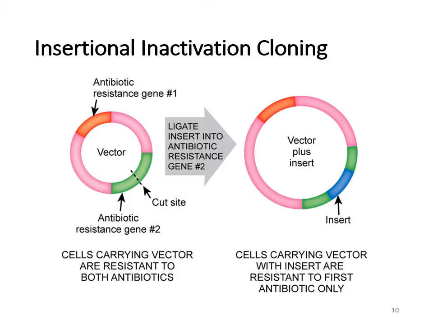Now, in the case of our lab experiment, instead of having two antibiotic resistance genes, the vector has the first part of the beta-galactosidase gene, and the bacterial strain has the second part. So when the regular vector meets the bacteria, boom, you get the blue colonies.